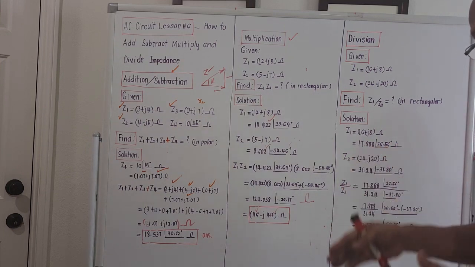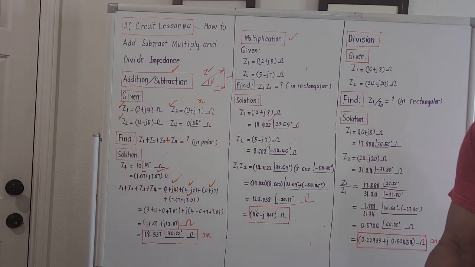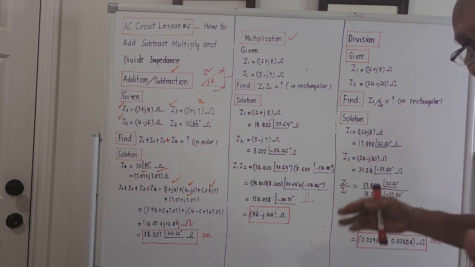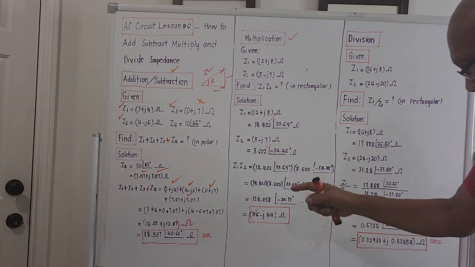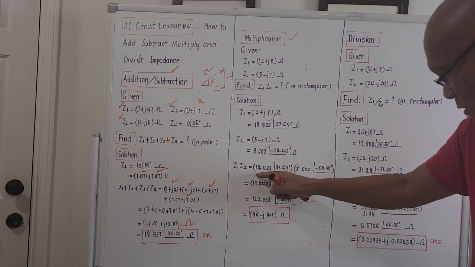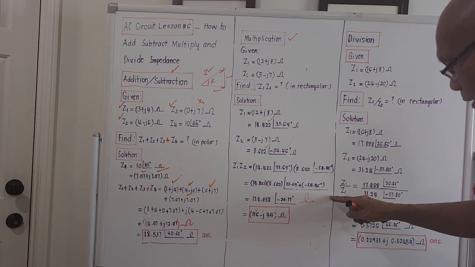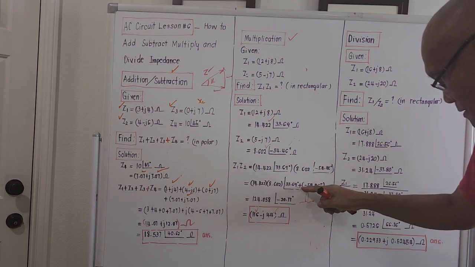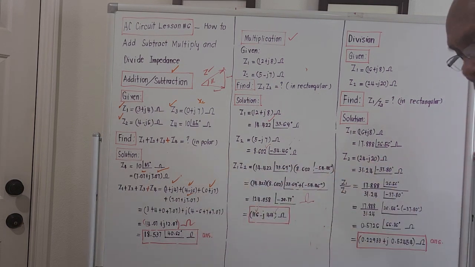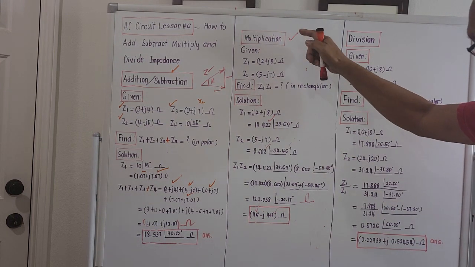To multiply two impedances, if they are in rectangular form, convert them first to polar form, then perform the multiplication. The resulting magnitude will be the product of the magnitudes, and the resulting angle is the summation of the angles, the angle of the first impedance plus the angle of the second. The operation is plus if you are multiplying. So that's our final answer for the operation multiplication.